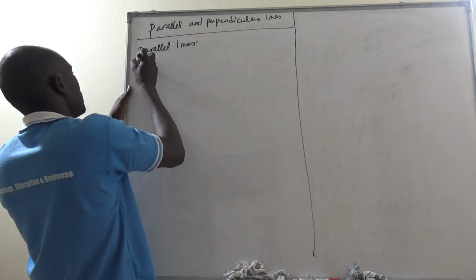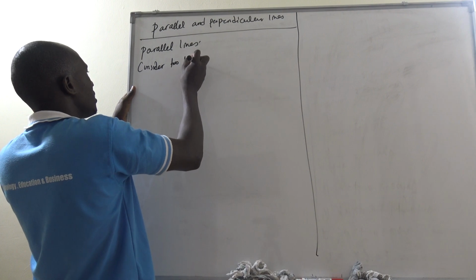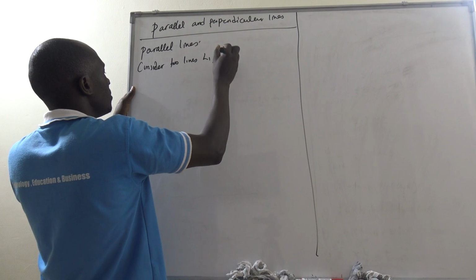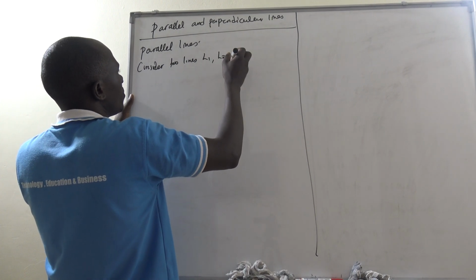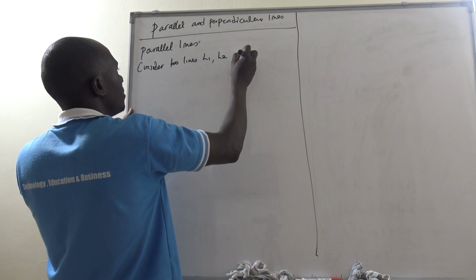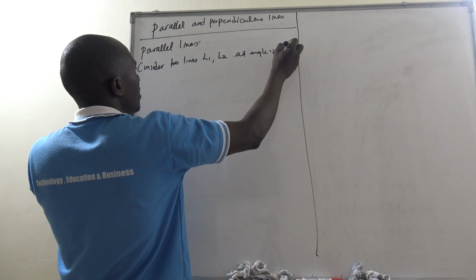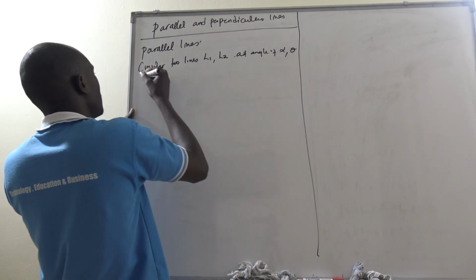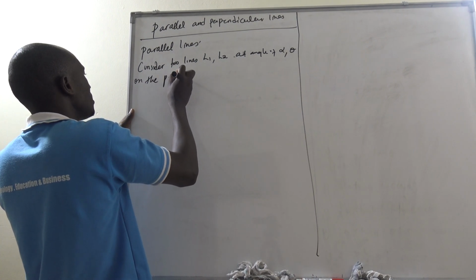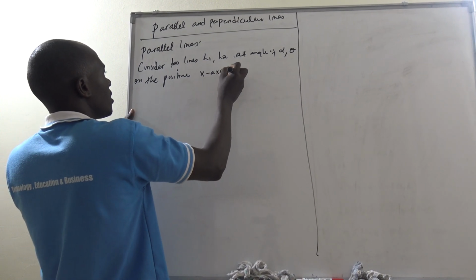Consider two lines, L1 and L2, at angles alpha and theta on the positive x-axis, as below.